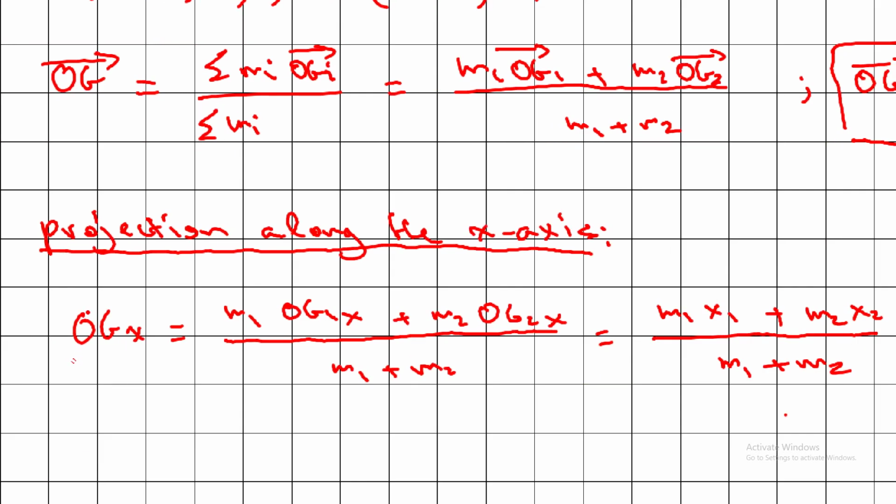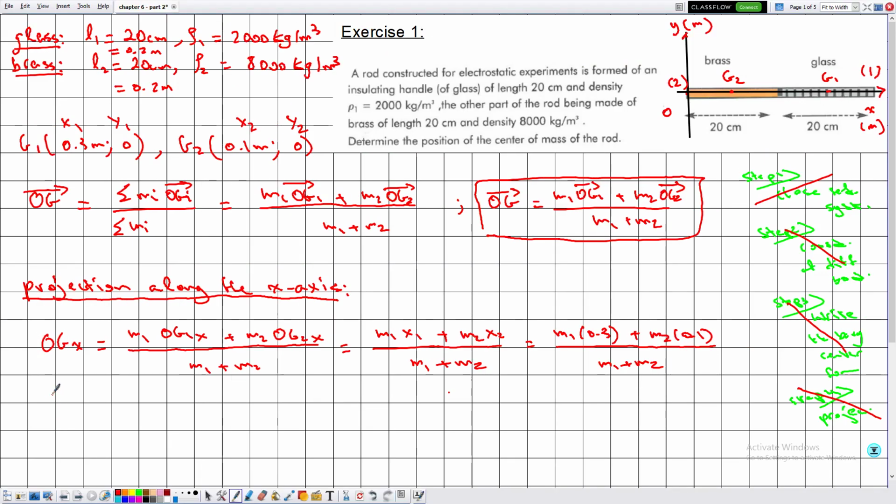So xG, which represents the abscissa of the center of gravity G of the system consisting of brass and glass, is given by 0.3 M1 plus 0.1 M2 divided by M1 plus M2. Now, in order to determine the value of xG, we should determine the values of M1 and M2.